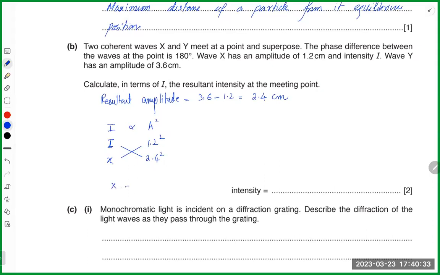So X will be 4I. Because amplitude has been doubled, and if one thing is directly proportional to the square of the other, if you double the quantity, then the other quantity changes by a factor of 4. So intensity at that point will be 4 times more.